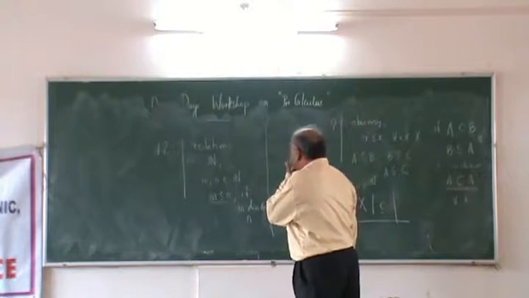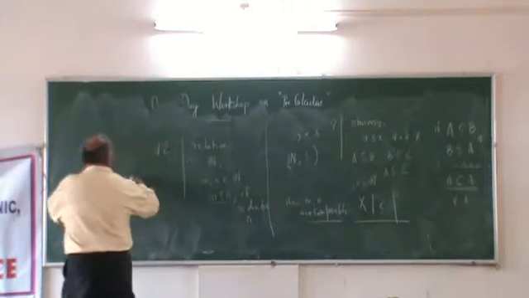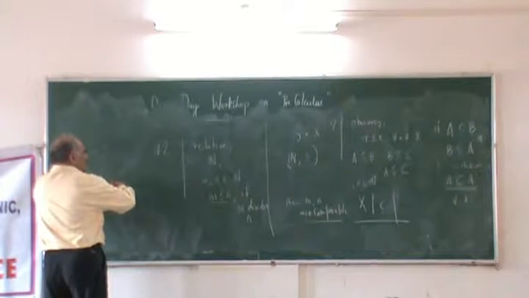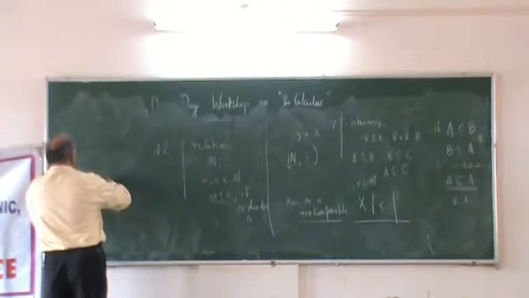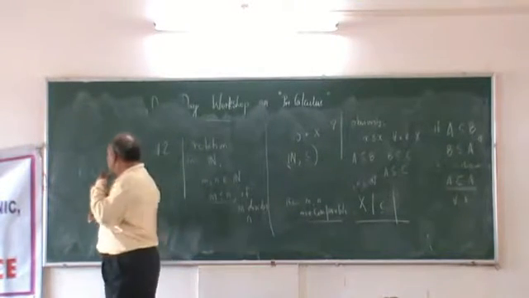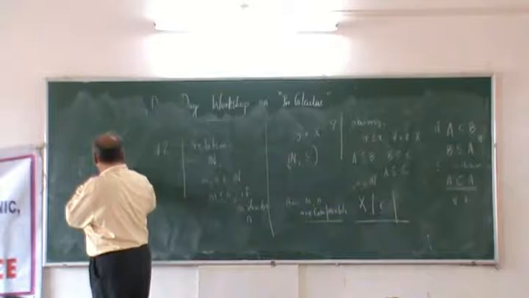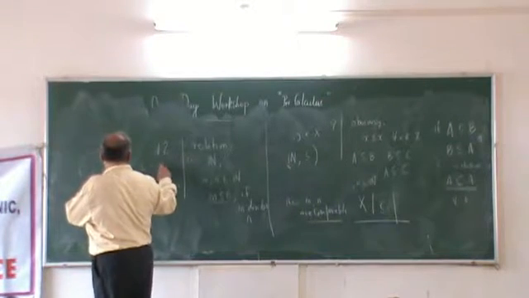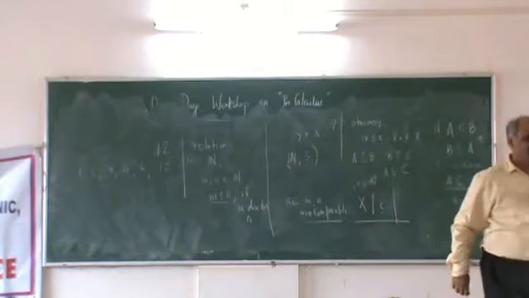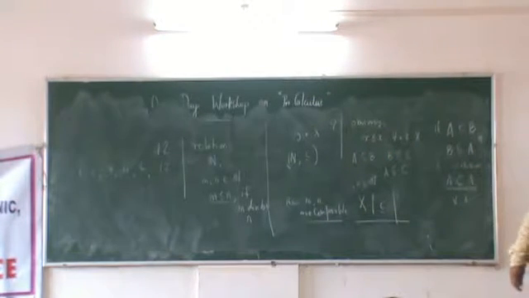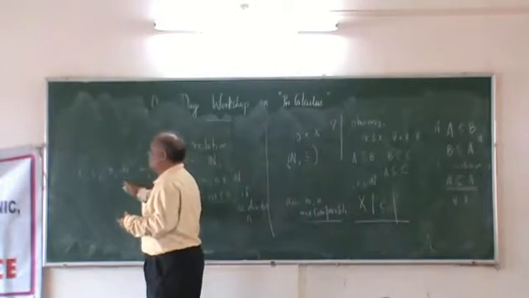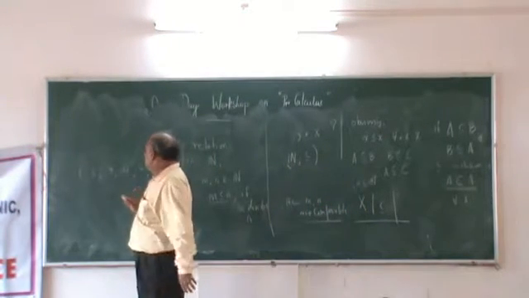So this is comparable. Now you look at these things. What are the divisors of 12? 1, of course, the trivial divisor, 2, 3, 4, 6 and 12, including 1 and 12. 1 divides 12, 12 divides 12, 2 divides 12, 3 divides 12, 4 divides 12, 6 divides 12.